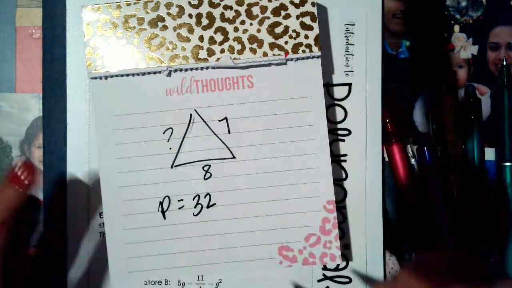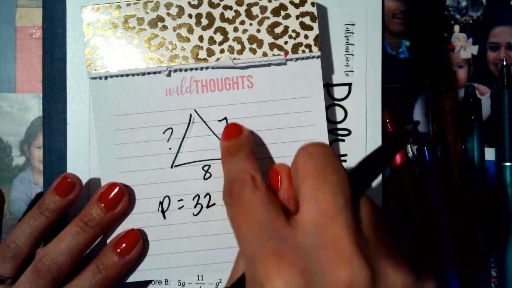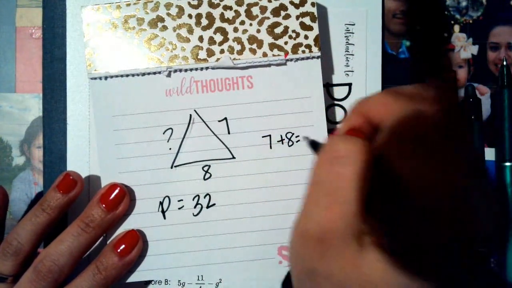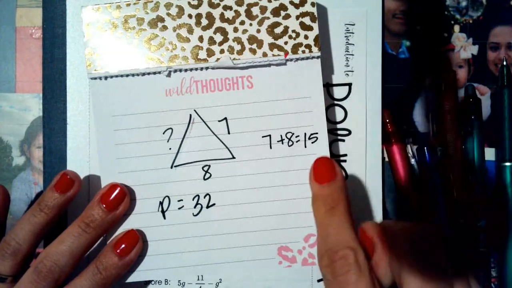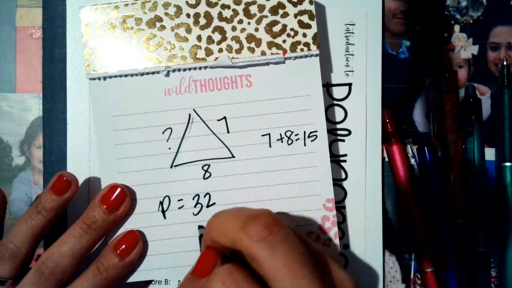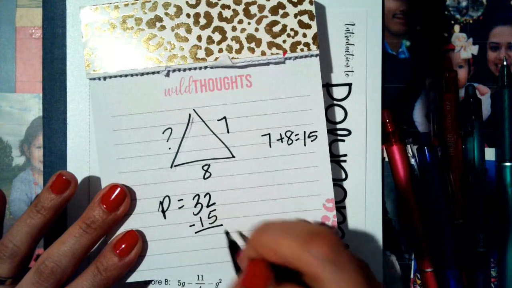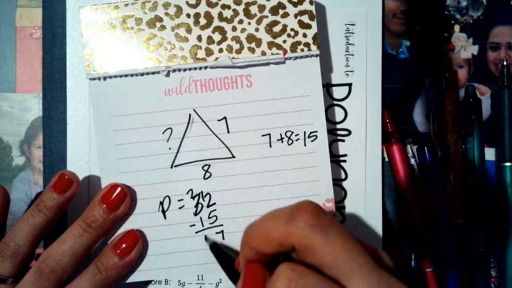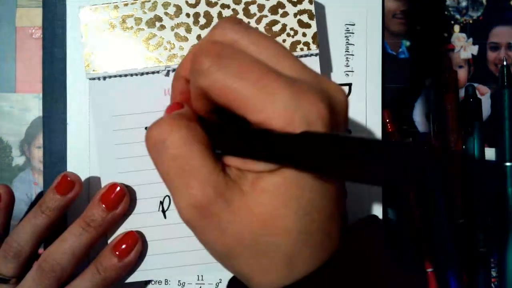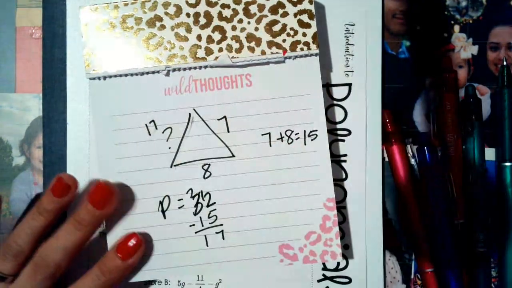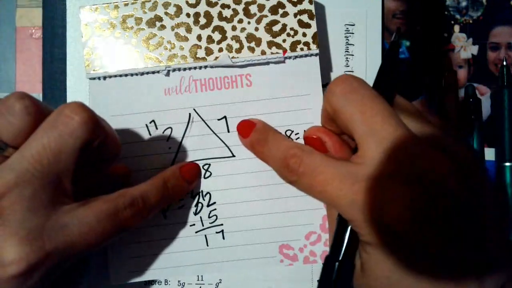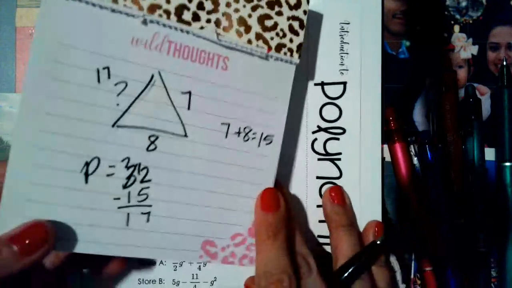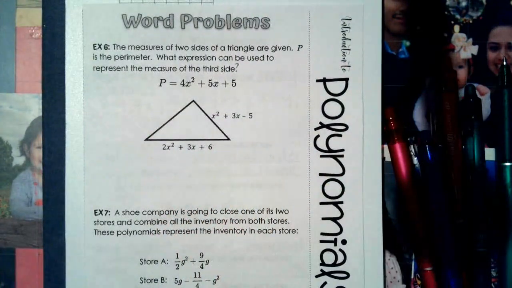Naturally, we would add these two, 7 plus 8, to get 15, and I take that total and subtract it from 32 to get 17. So that would leave this side at 17. Obviously, my picture is not drawn to proportion, but pretty much we take the two sides that we have, add them, and then subtract them from the total. So it's going to be a two-step problem.